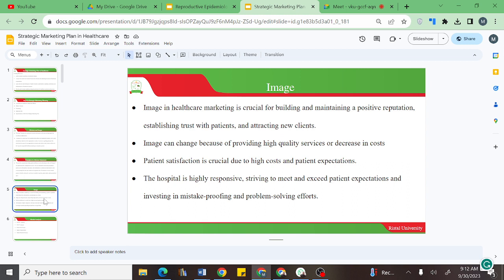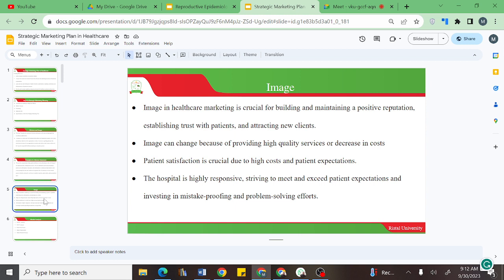Okay, so therefore, when you deliberately position yourself and make sure that you have strategies in place to provide high quality services and to meet the demands of the patients, then you are going to have a good image. Okay, a good image is actually very, very important in healthcare industry.